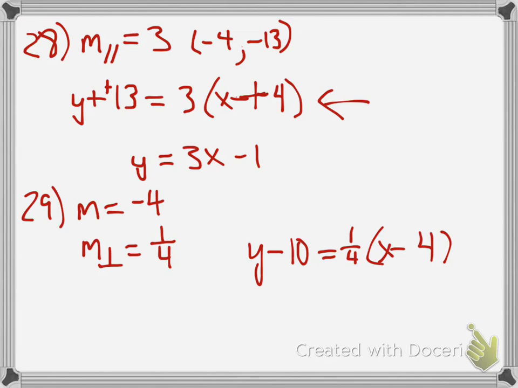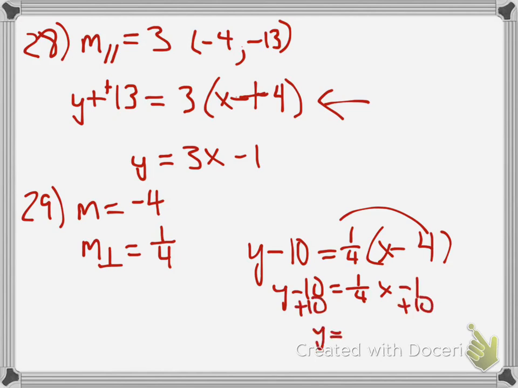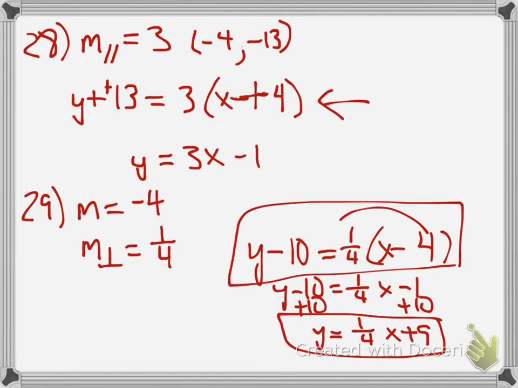Okay, and then from there, y minus 10 is equal to 1/4 x. Distribute, add 10 to both sides. So y is equal to 1/4 x plus 9. Again, only if I ask you to write it in slope-intercept form. If I ask you just the equation of the line, you're okay there.